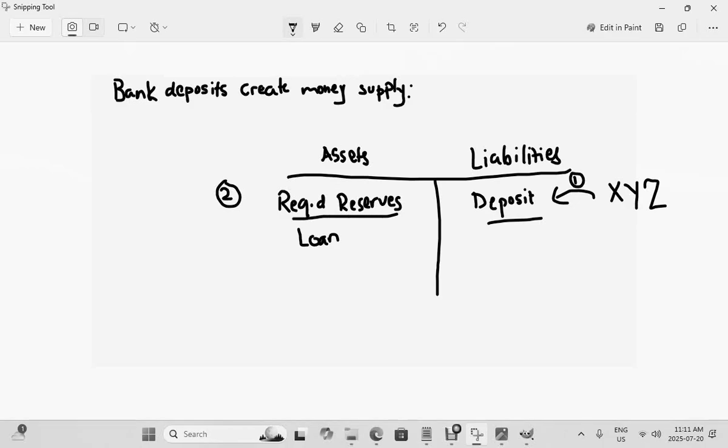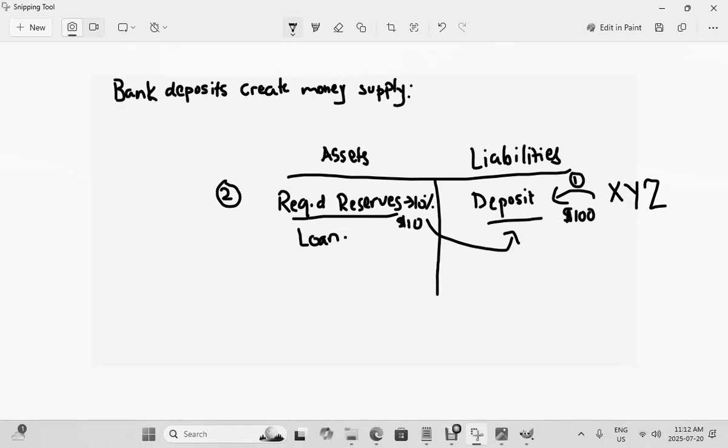This may be in the bank's vault. The required reserves will be 10% of the deposit. So if the deposit is $100, for example, the required reserve will be $10.